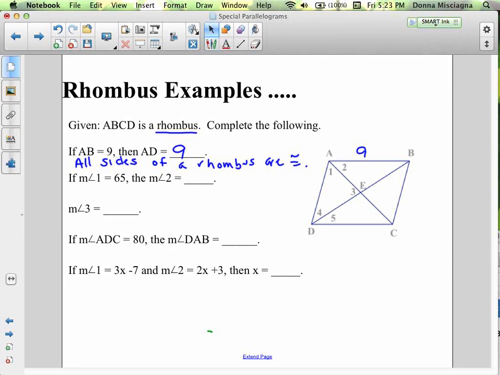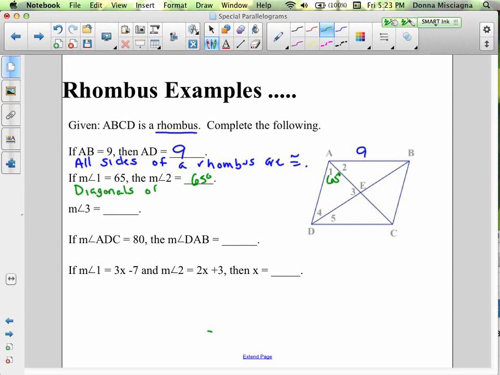All right, let's look at number 2. If the measure of angle 1 is 65, then the measure of angle 2 is also 65. And that's because, actually let me write this in a nicer sentence here.